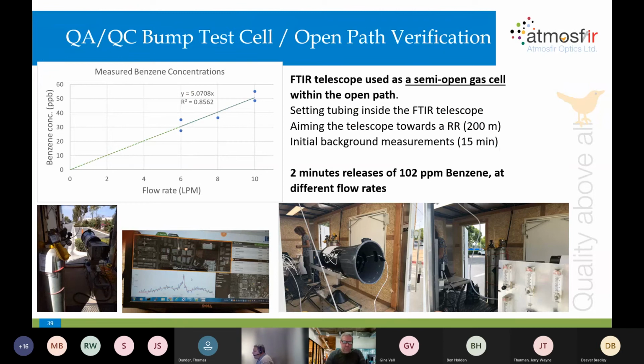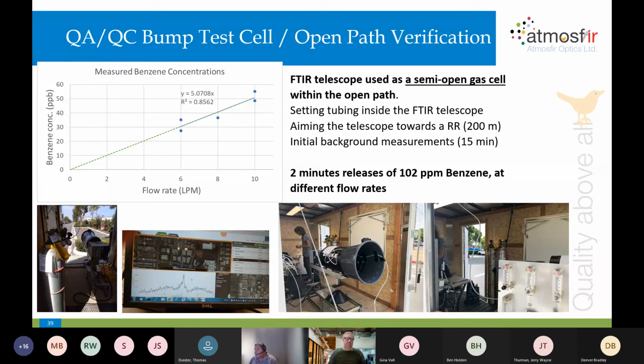So how do we verify that what we do is true? You have two or three options. One, you can do a bump test with a gas cell, or you can inject gas into the path and see what the concentration is.